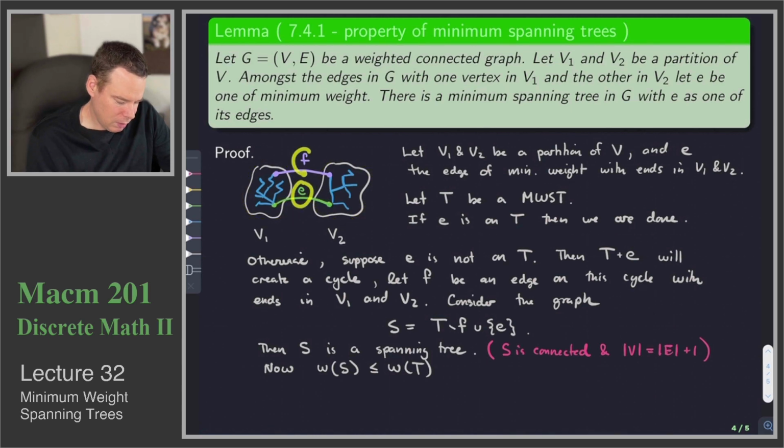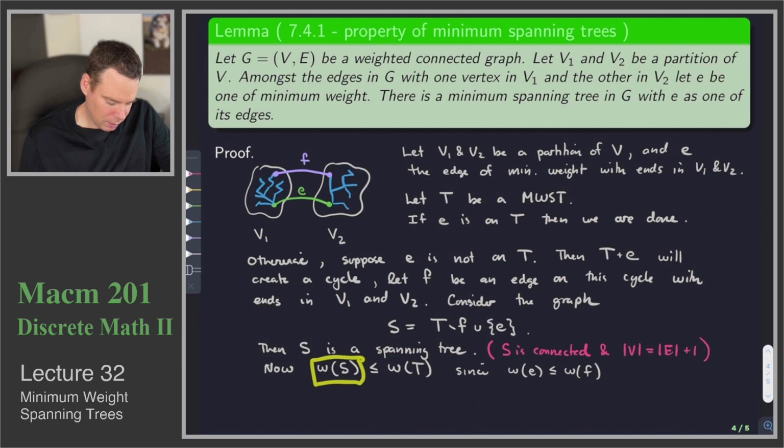So I know that the weight of E is smaller than or equal to the weight of F. And so that means when I remove F and replace it with E, I'm replacing an edge with one of smaller weight, so my S has to have smaller weight than T, or less than or equal to. It doesn't have to be strictly smaller, because these guys might have the same weight.